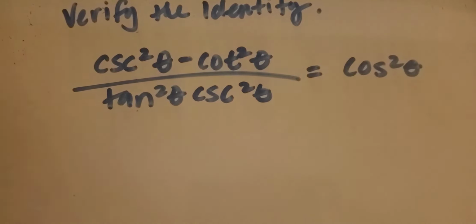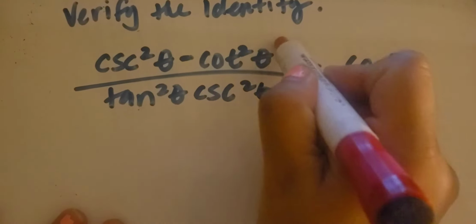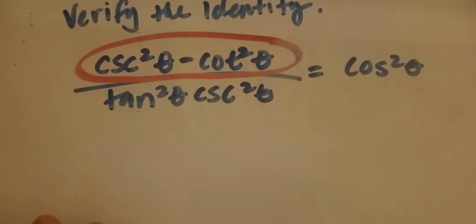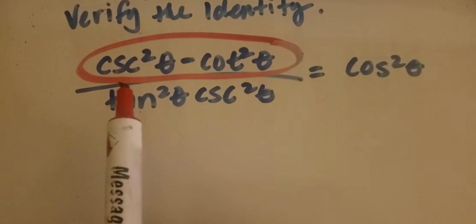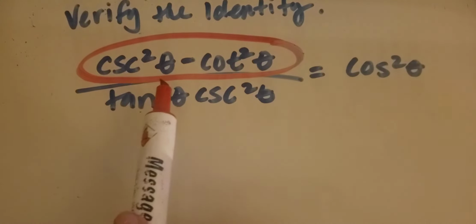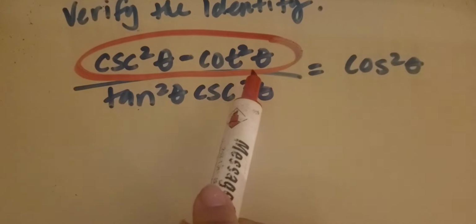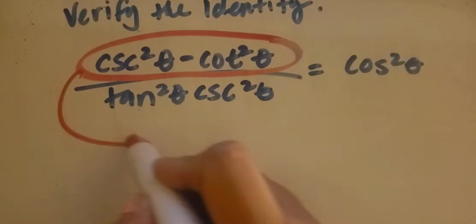So the first thing that I look at and I can simplify is the top, okay? The top is a trig identity, and pretty much it's a Pythagorean identity. So cosecant squared theta minus cotangent squared theta will give me 1. So I'm going to simplify that, okay?